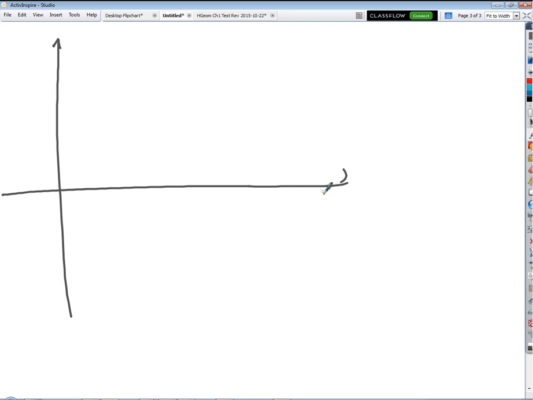Okay, so let's zip through number 11 again. If a car starts 200 meters to the west of town, and it moves with a constant velocity of 15 meters per second toward the east, right? Right. Okay, let's look at this on a position time graph.